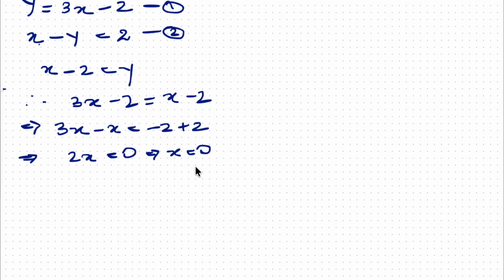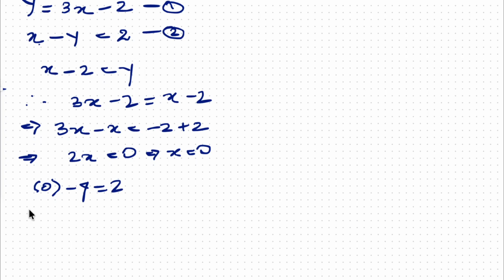So now we take this value of x equals 0, substitute it in one of the equations. So let's pick equation 2 just because it's easier to do. And I will write this as 0 because that's my value of x, minus y equals 2.